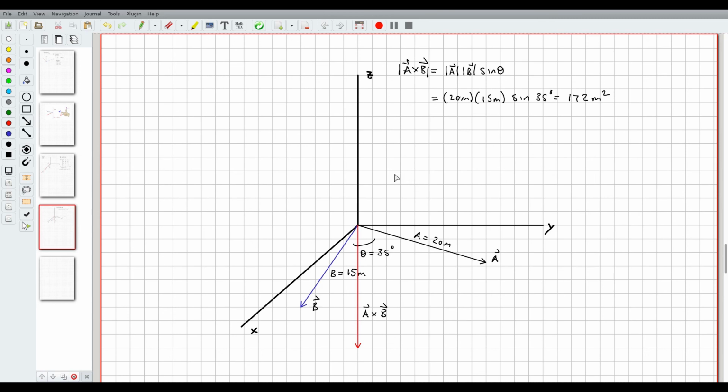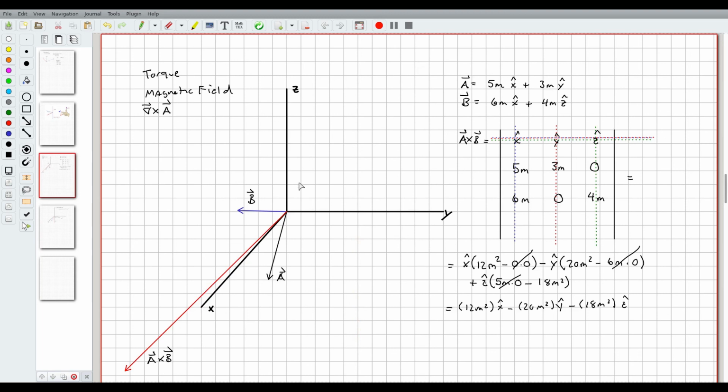If your vectors lie within one of the planes, for example, both of them lie within the xy plane, the zy plane, or the zx plane, using this particular version and the right-hand rule is definitely the way to go. If you have vectors that are more complicated, for example, these two right here, which have components that don't explicitly lie within a plane, then you probably need to use the determinant.